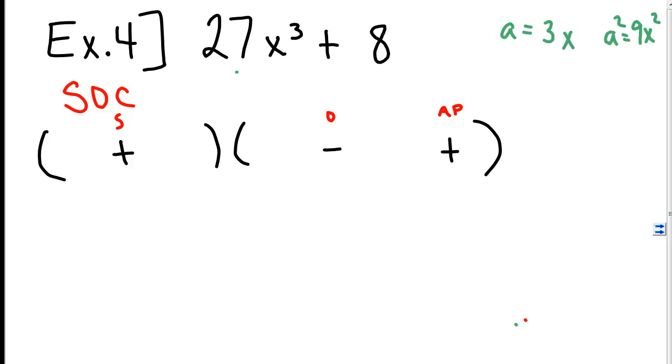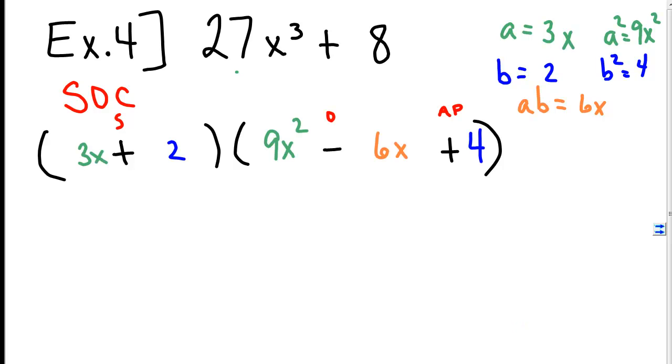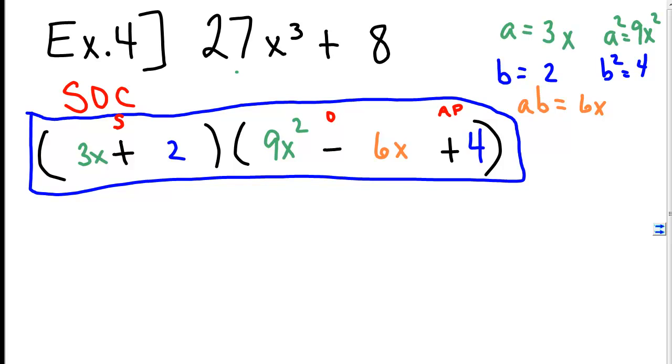Now I just need my pieces. A is equal to 3x, so a squared is 9x squared. B is equal to 2, so b squared is equal to 4. And a times b equals 6x. We plug that into our equation, and we are done.